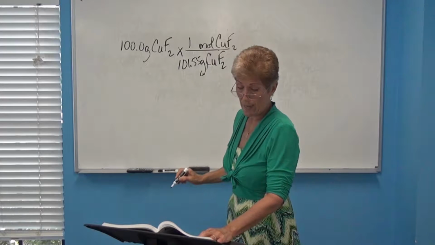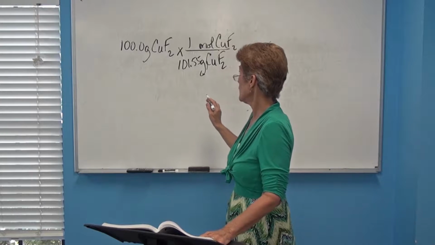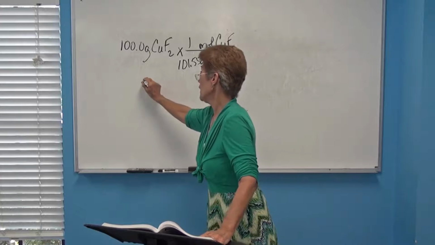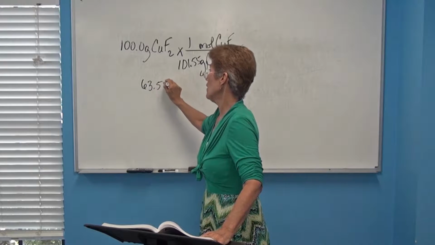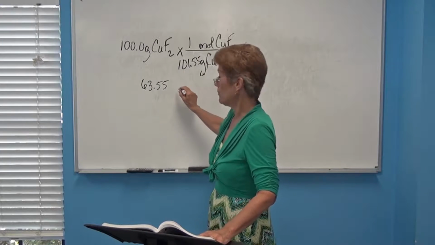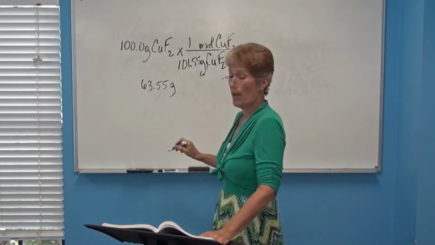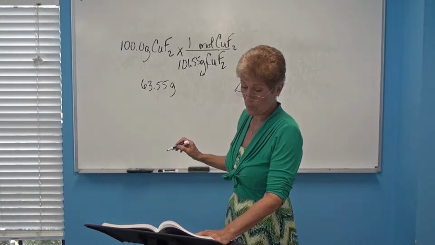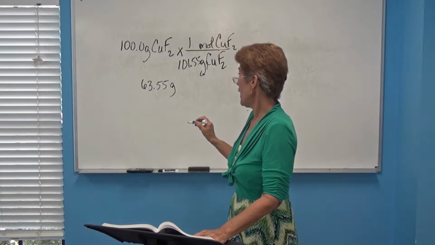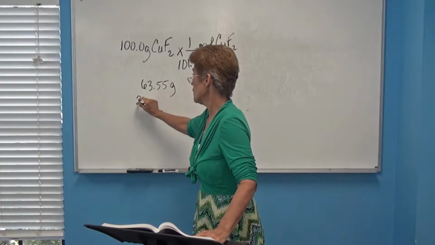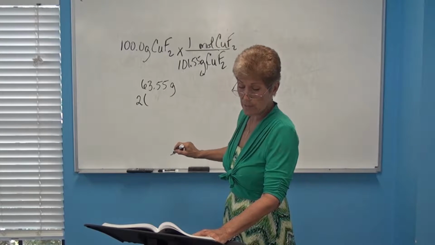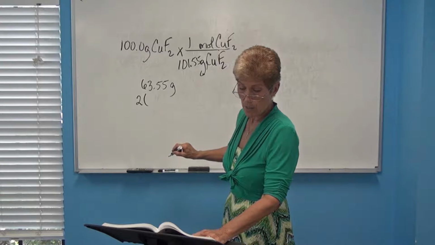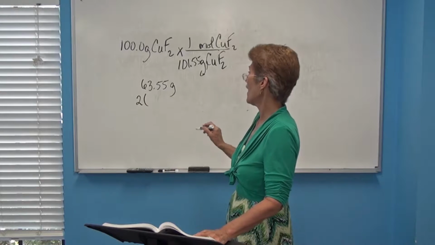101.55 grams of that. In case you needed to see that, the copper is 63.55 grams. I'm going to skip the AMUs and go right to the grams. And 2 times the iron, which is, oh, it's not iron.